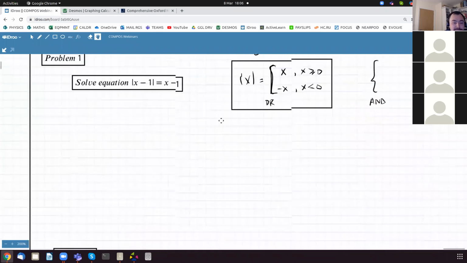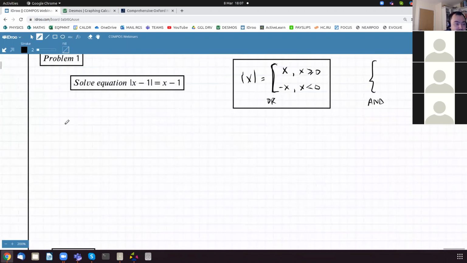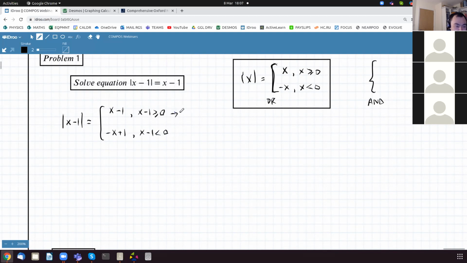So here, looking at x minus 1, using the same definition, modulus of x minus 1 is either x minus 1 if x minus 1 is non-negative, or it is minus x plus 1 if x minus 1 is negative. So this means that x is greater or equal to 1, and this means x is less than 1.